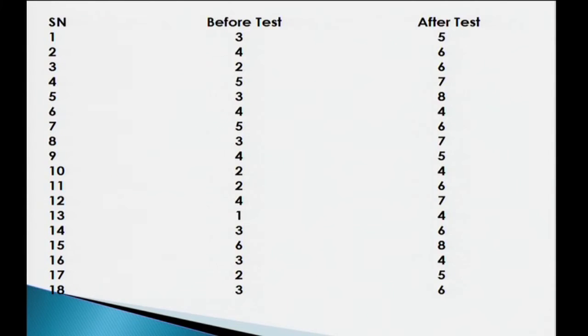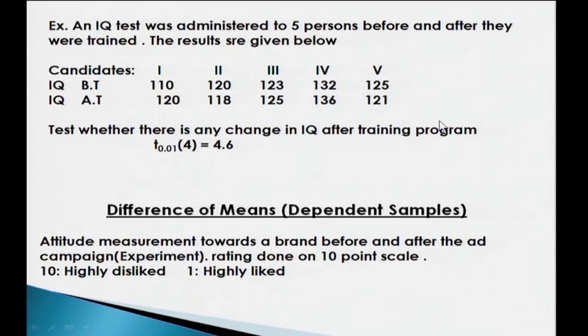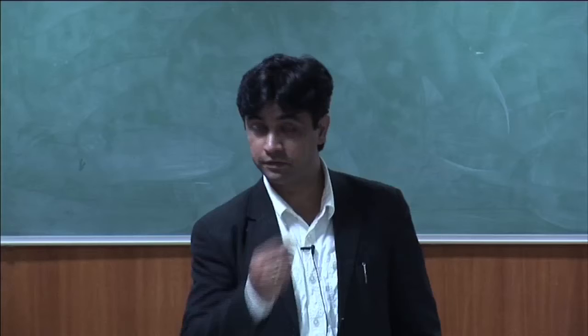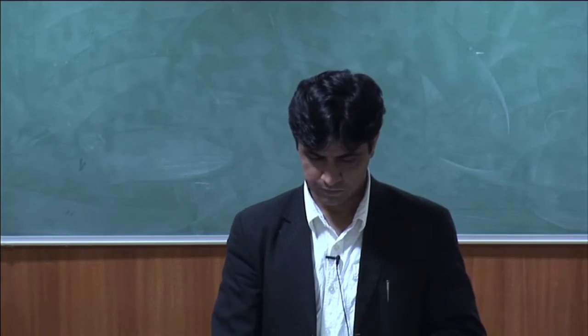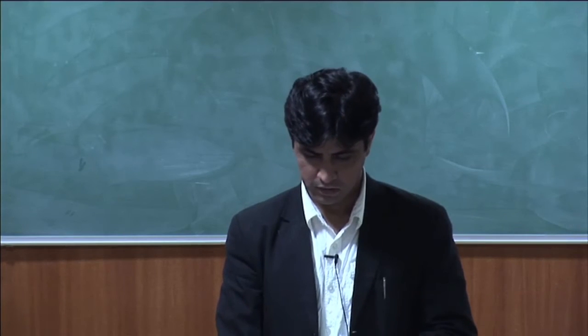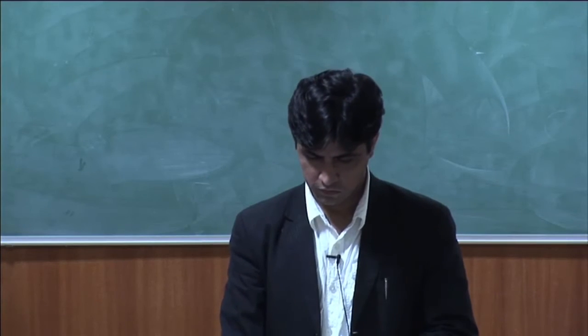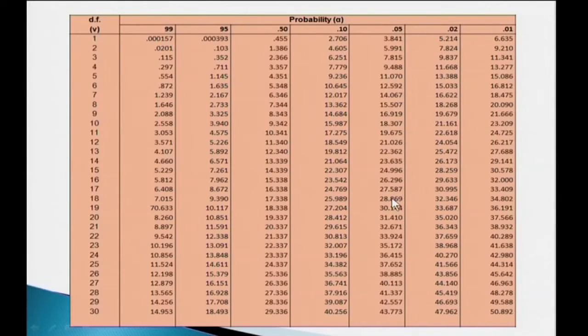If these are significant, then there is an increase in the awareness of the product, or there is a difference due to the training program; for the paired T test, that can be decided. Hope that is clear to you. With that we have covered the 7 tests, and as far as the values are concerned, you can have them from the table.